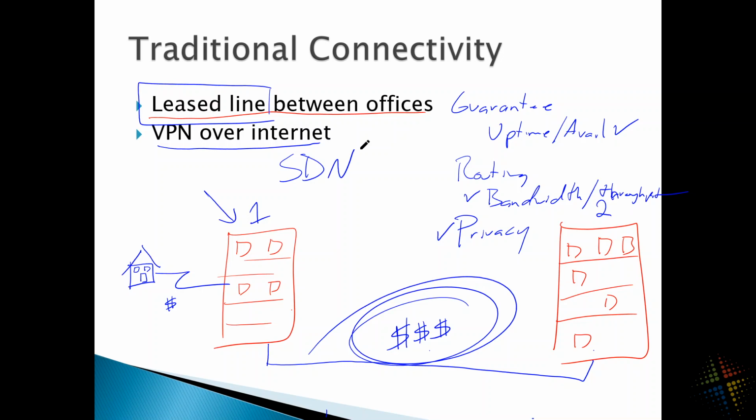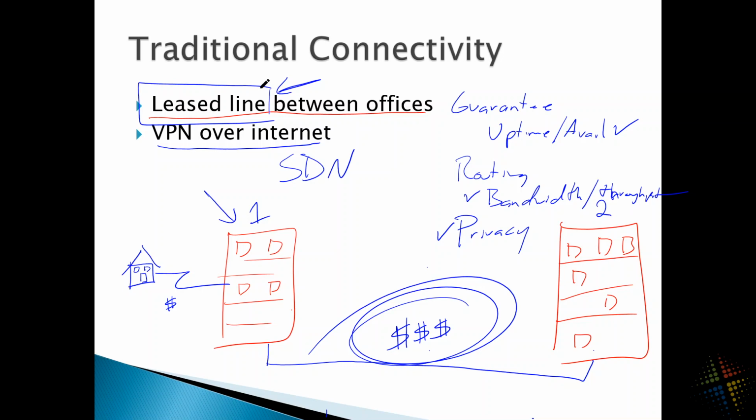In fact, even multiple leased lines and multiple VPN connections in order to balance multiple types of data from one point to another using different media. So that's the traditional, that's the way where things came from. And for the most part, this leased line right here, from a business point of view, has been the preferred method and still kind of is the preferred method in a lot of scenarios.